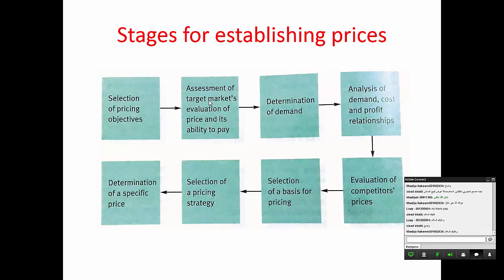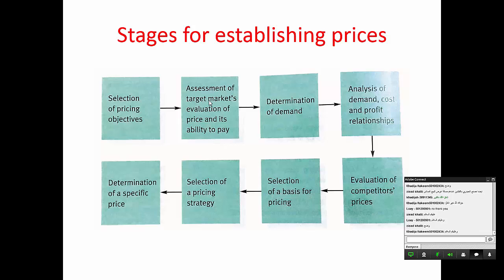Okay, the second step is the assessment of target markets, evaluation of price and its ability to pay. This is also related to consumers and whether the consumers can pay this price or not. That means you need to understand the behavior and the attitude of the consumers related to the prices of your products.